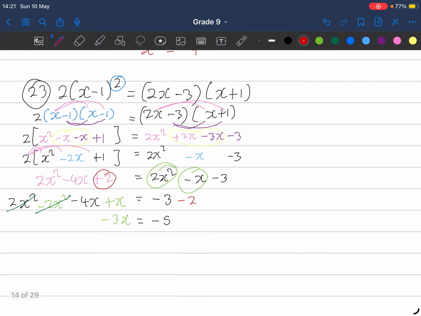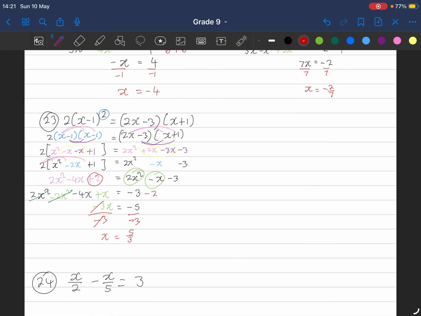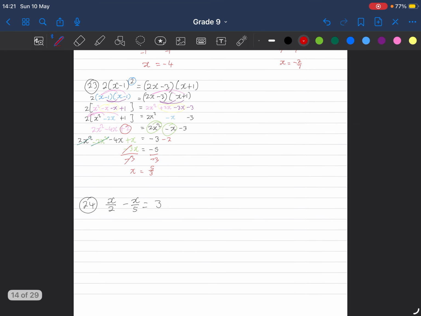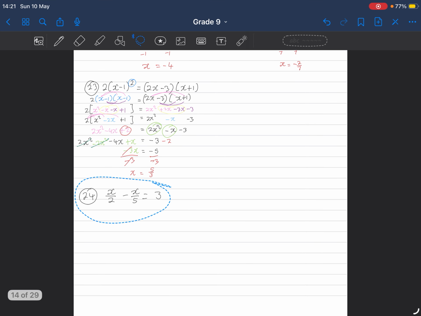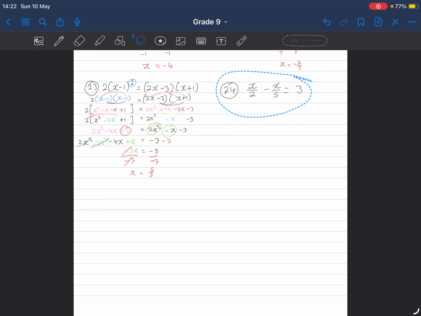Then I can go ahead and divide both sides by minus 3, and x is equal to positive 5 over 3. Alright, so pretty straightforward, but there is a bit of a learning curve there, so we've got to make sure we know what we're doing.